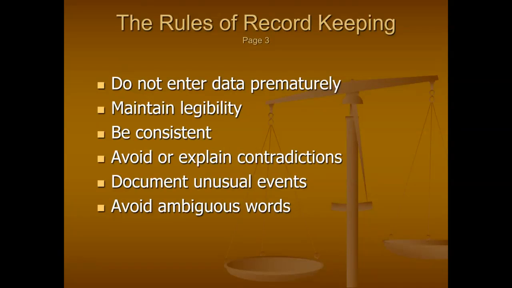And you may want to make both of those statements in the records, but you want to make it clear that one observation was made before the treatment and the second observation was made after the treatment so that it explains the contradictory information. You also want to document anything unusual that occurs.